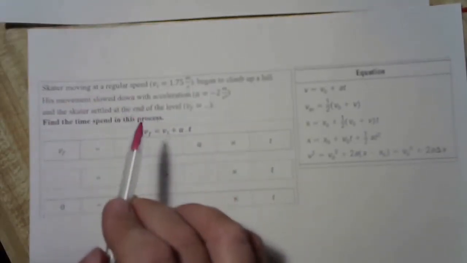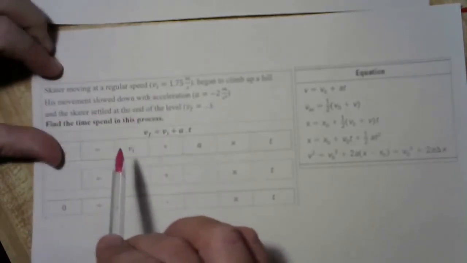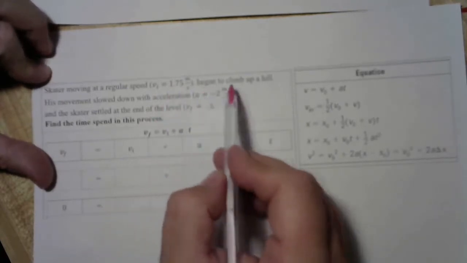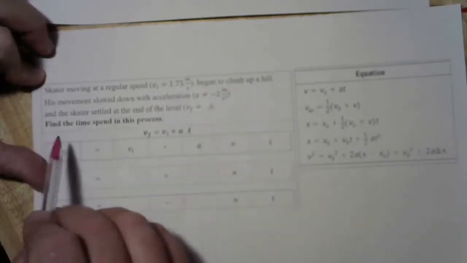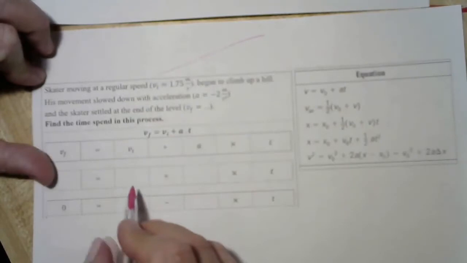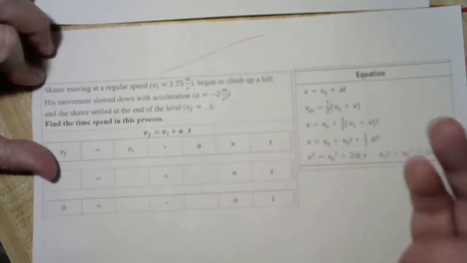We have a scooter moving at a regular speed, V initial is equal to 1.75, and it began to climb up a hill. His movement slowed down because he is moving upward with acceleration minus 2. Minus means that he is decelerating.